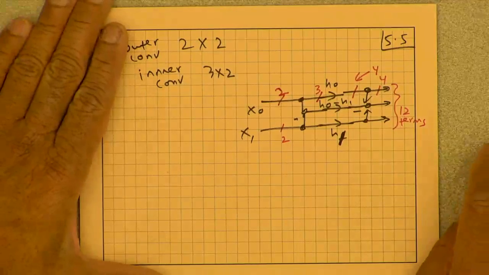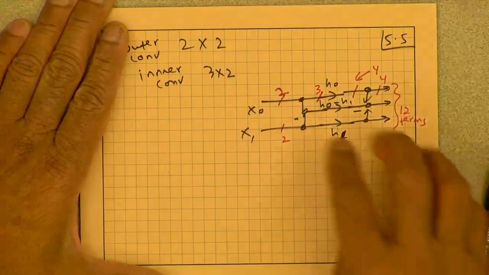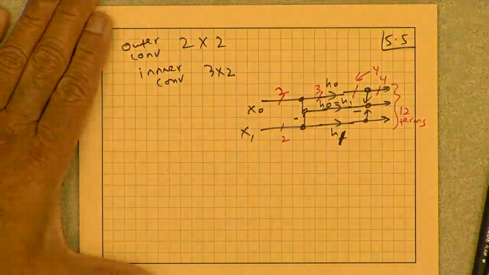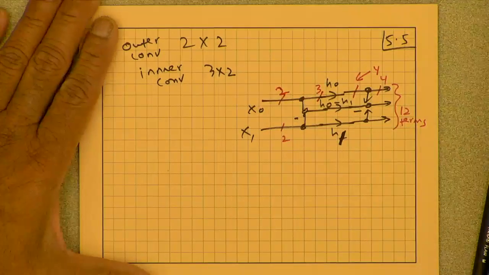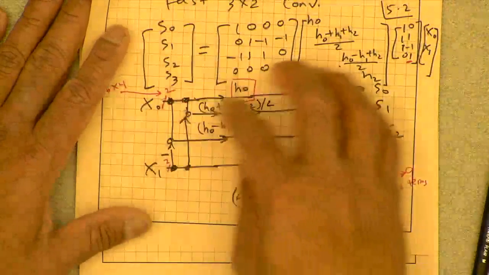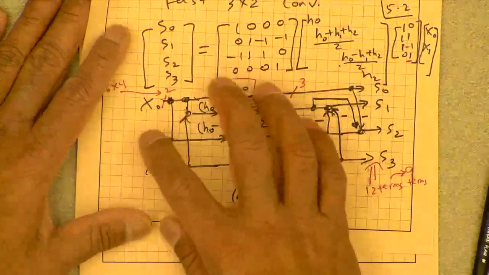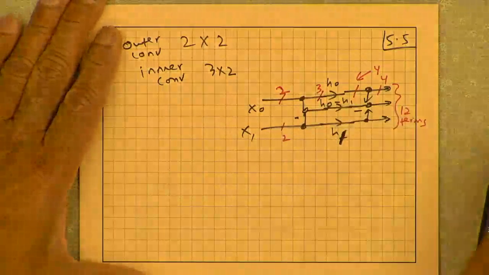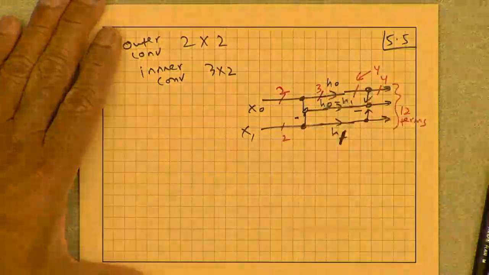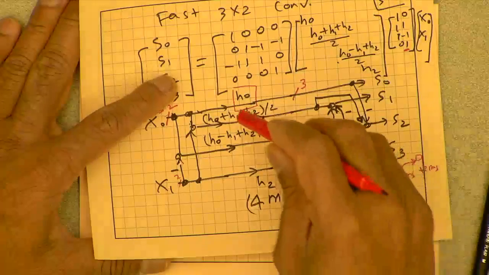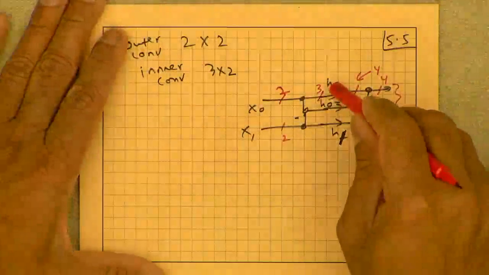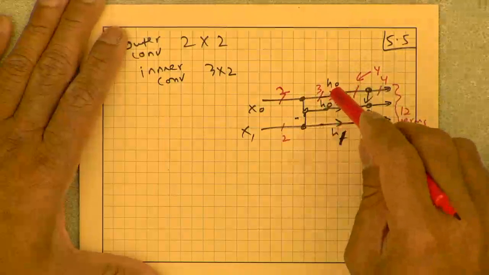So this is going to be a different structure than the other structure. The multiplication complexity will stay the same, but it is a different structure, because at the outer level this is 3 by 2, and this 3 by 2 is at the inner level, and there are 3 of these 3 by 2. If you look at what was here, there were 4 of these 2 by 2, and instead now we have 3 of these 3 by 2.